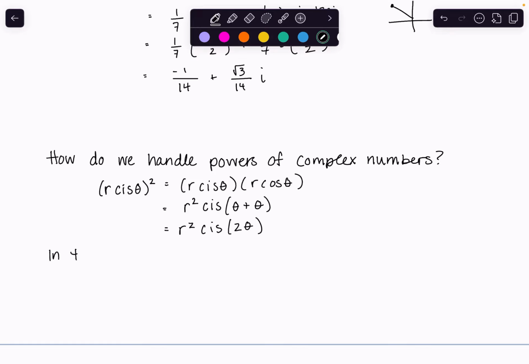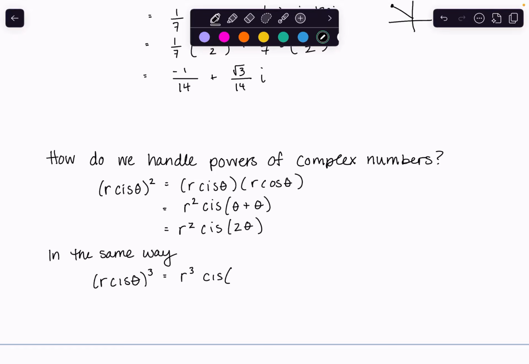And then in the exact same way, if you wanted to take R cis theta and raise it to the third, all you're going to do is raise the R value to the third, and then you'd have cis theta times cis theta times cis theta. You'd add all of those angles together.